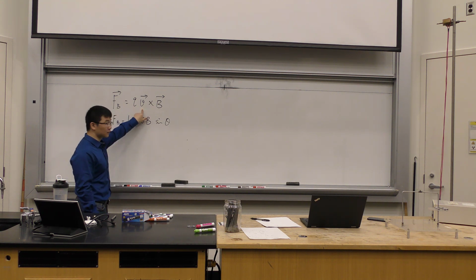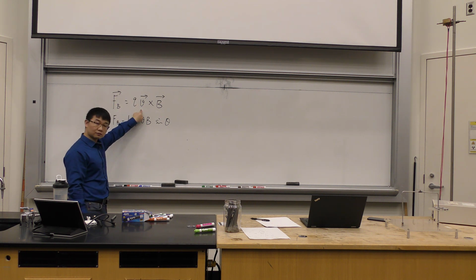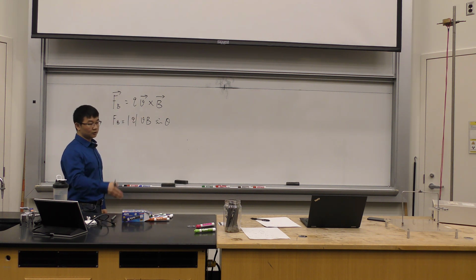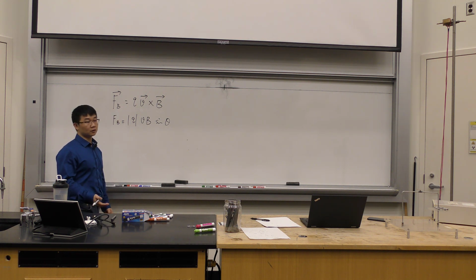So the force is going to affect the velocity. But the force also depends on the velocity. So when the velocity changes, it's also going to affect the force, okay? So everything's changing, right? The force is not going to be a constant. It's not even going to be in the same direction.